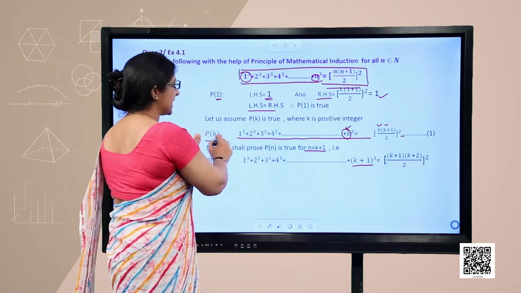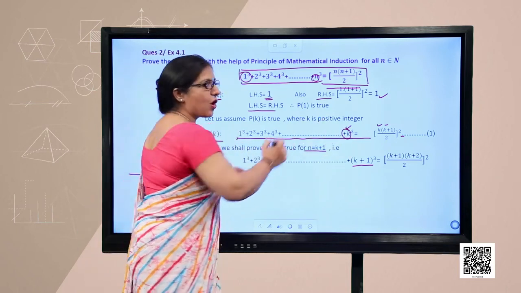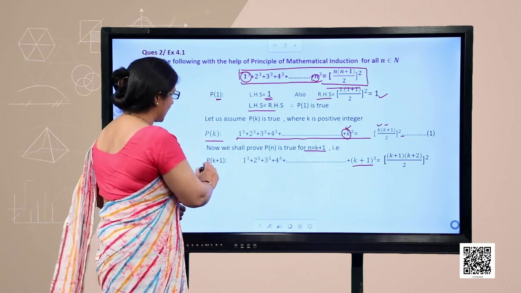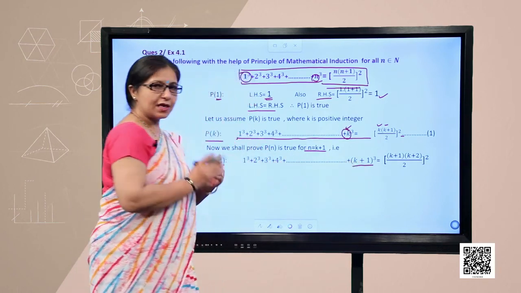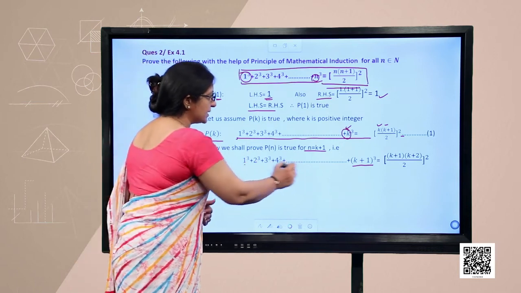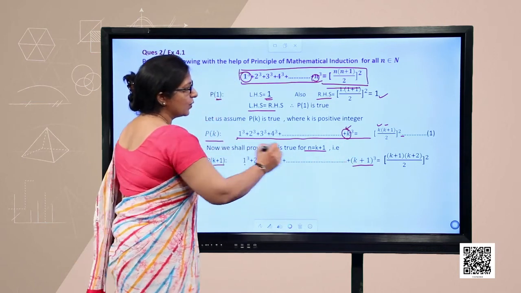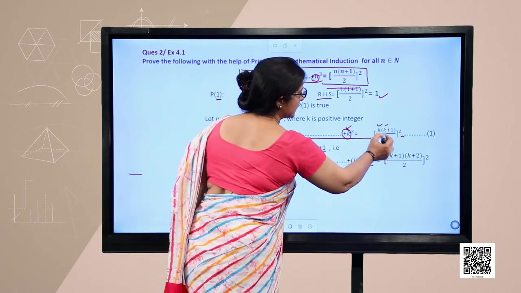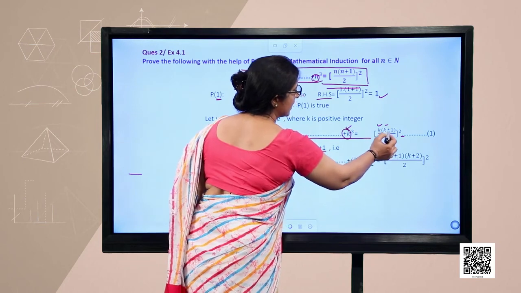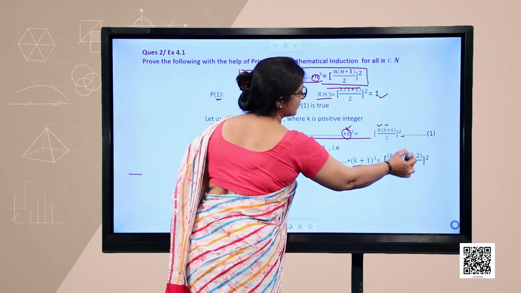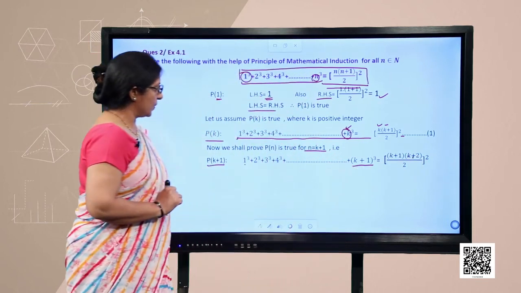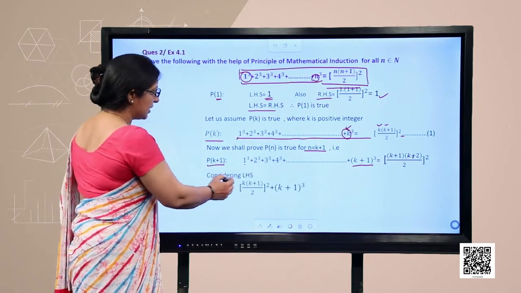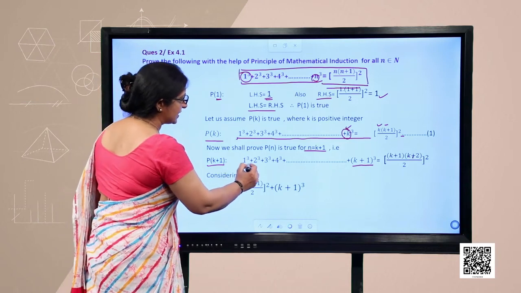Because in this statement, we were taking the sum of k terms. Now, we are taking the sum of k plus 1 terms, sum of cubes of k plus 1 terms. Here also, after replacing k by k plus 1, it is k plus 1 plus 1, that is k plus 2 whole square. Now, in the next step, we will consider only the left hand side.